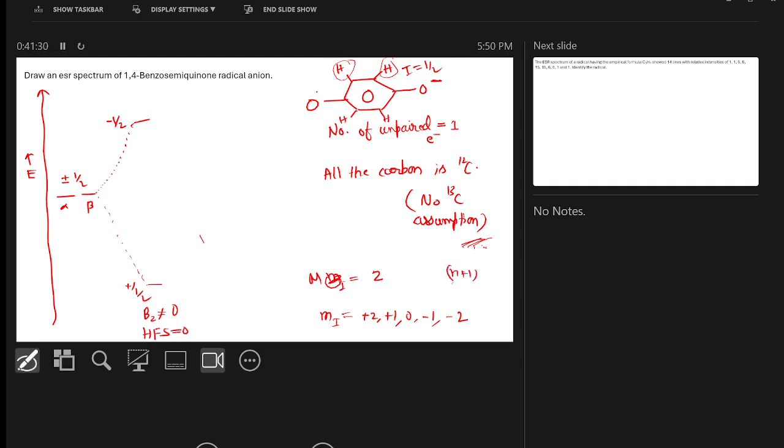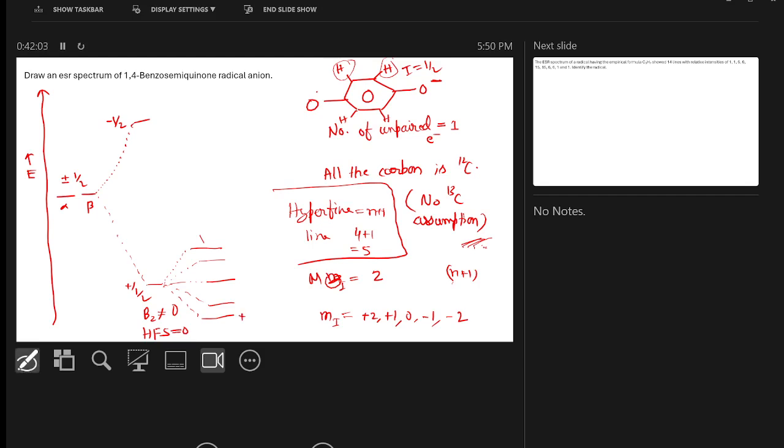How? Because of the n plus 1 rule. We have 4 hydrogens, so the number of hyperfine lines is n plus 1, so 4 plus 1 is 5. So this will go here and here, then up, and one energy level will not change, so you'll have 5.